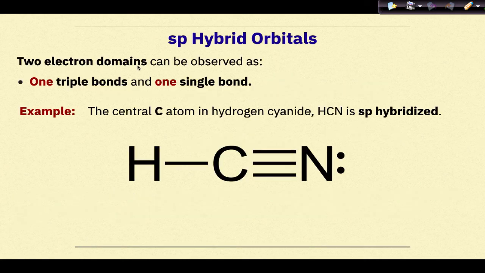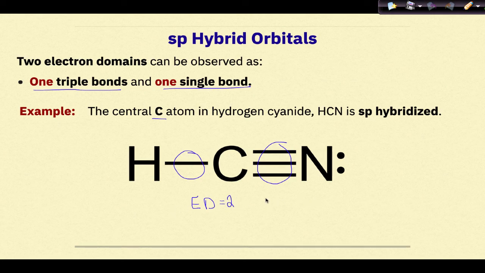2 electron domains can be observed as one triple bond and one single bond. So for example, the central carbon atom in hydrogen cyanide, HCN, is sp hybridized. So there are 2 electron domains here off the central atom of carbon, one here and one here. So electron domains is equal to 2.